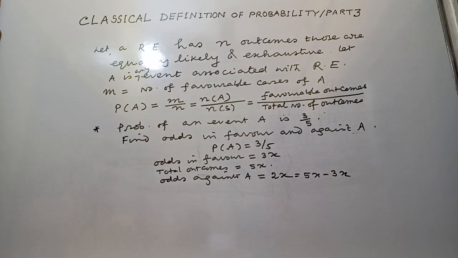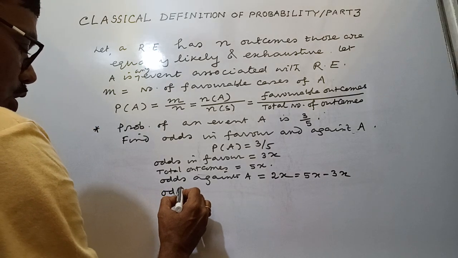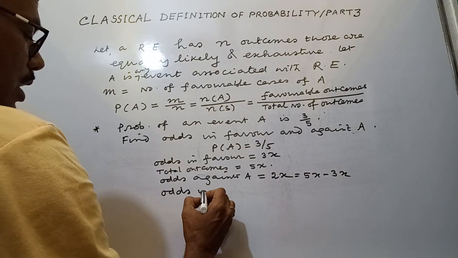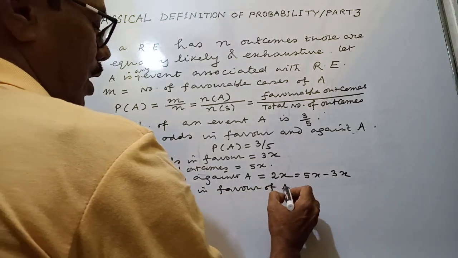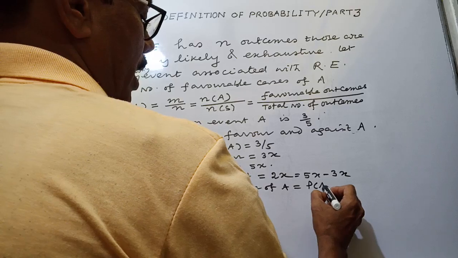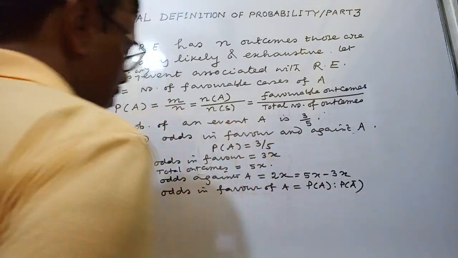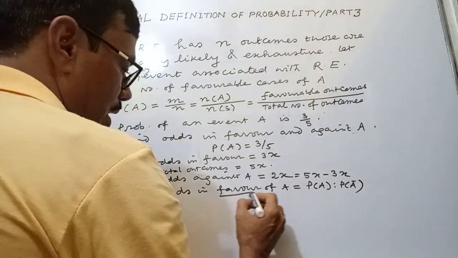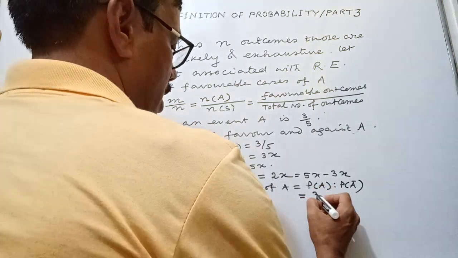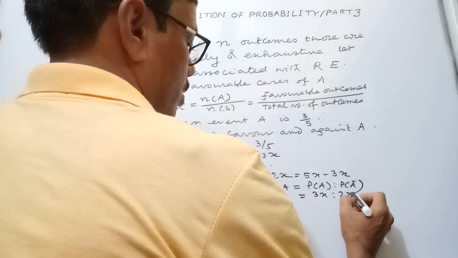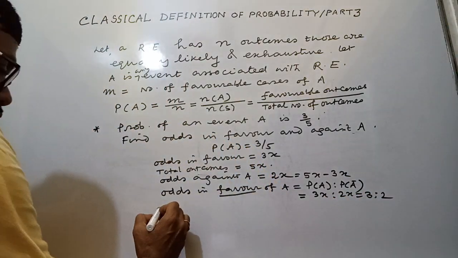So what are the odds? Odds in favor of A equals P(A) is to P(A bar). So 3x is to 2x, so 3 is to 2.